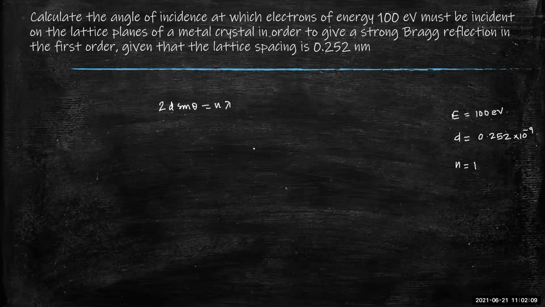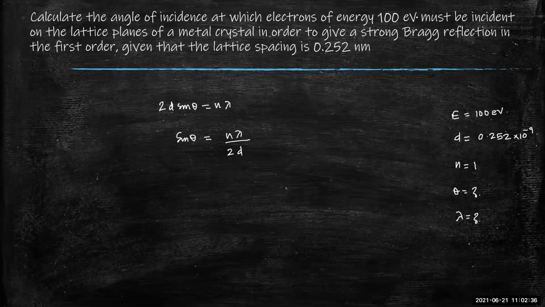We have to find theta. Sine theta is equal to n lambda divided by 2d. But here lambda is unknown, but the energy of the electron is given.